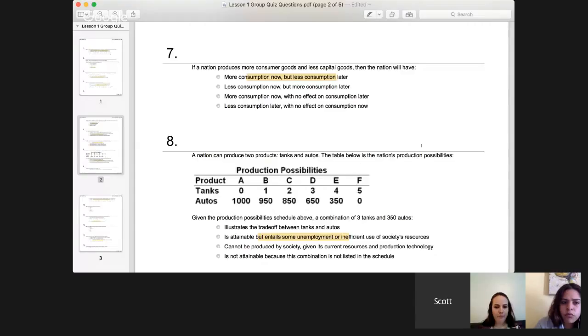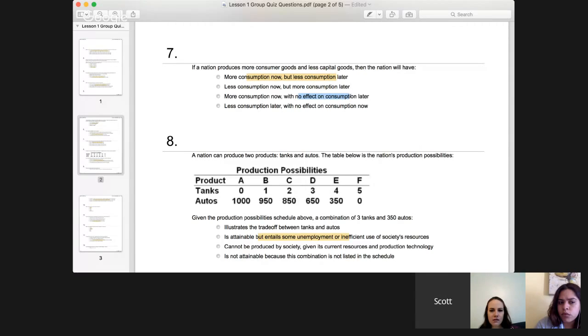Okay. Although I may be wrong with what I put. I put A, but it might be C. I put C, but I couldn't really explain why.